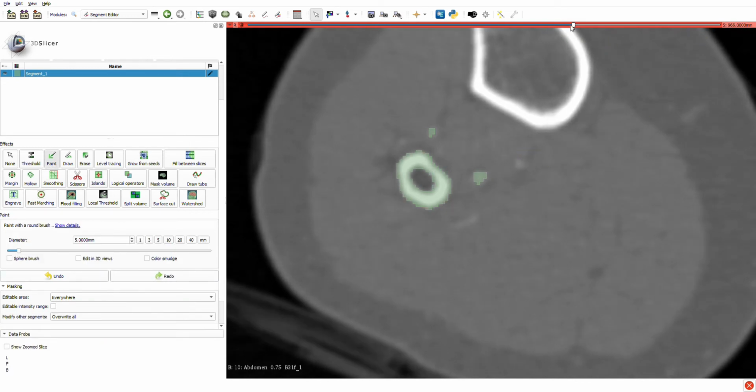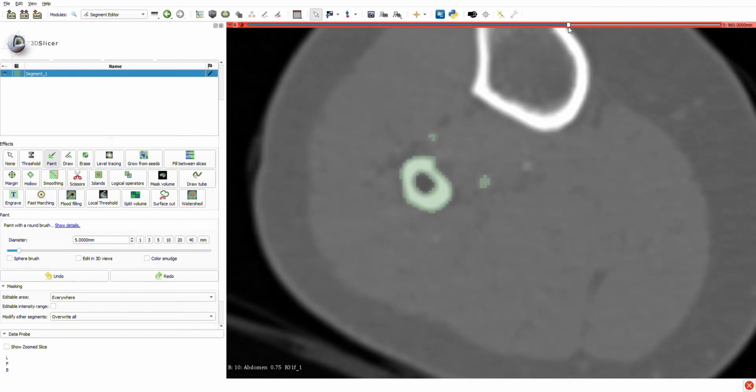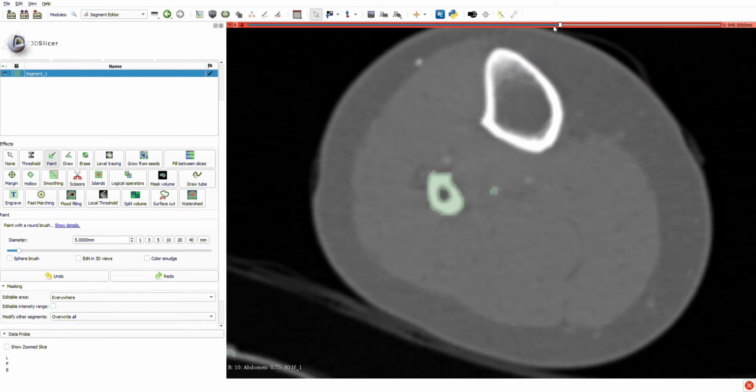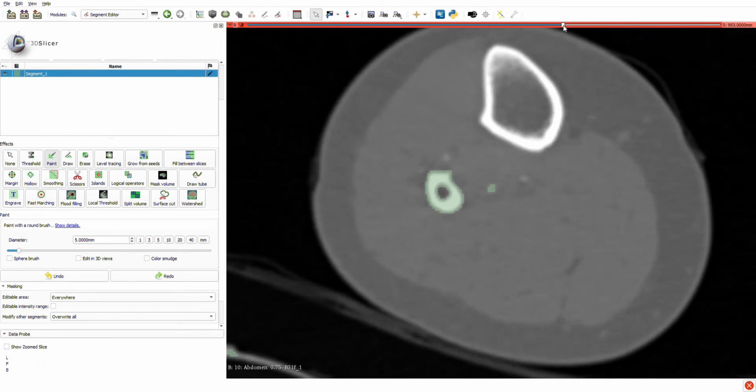Now let's see. There is one perforating artery, but this one is too cranial.